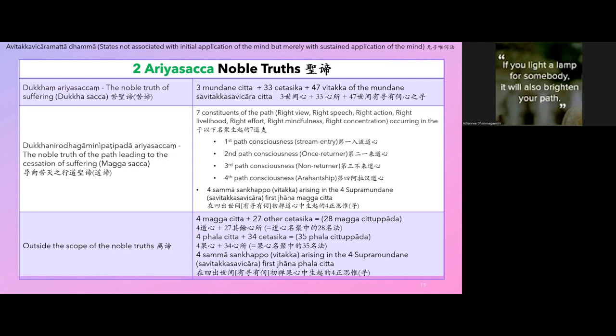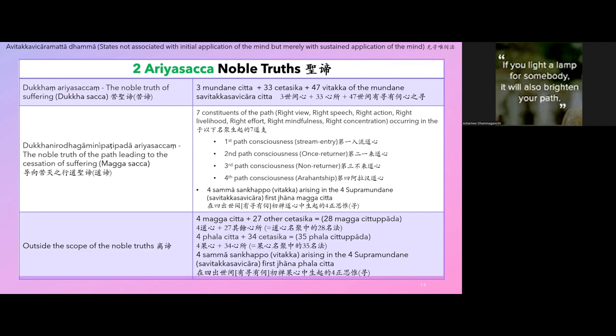So under dukkha ariya sacca, all the mundane consciousness and the mental factors are classified here. So we get 3 mundane consciousness, the 3 rupavachara second jhana consciousness, and arising together with them 33 cetasika and 47 vitakkas of the mundane savitakkasavicārā dhammā.